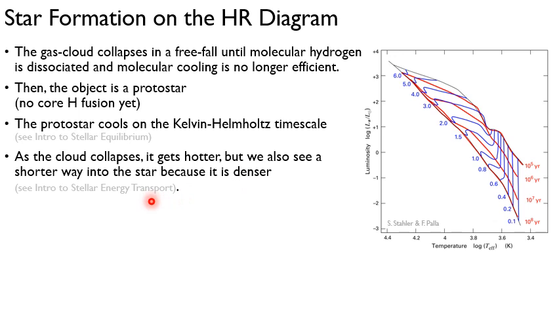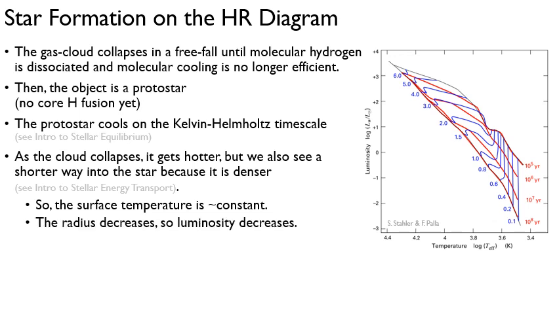And to review this, go back and look at the stellar energy transport lecture. So the point I'm trying to make is that the surface temperature then is basically constant, okay? So though the surface is getting hotter, you can't see as deeply into the surface because it's denser. And so the effective surface temperature for some distant viewer is going to be constant as the star is collapsing on the HR diagram.